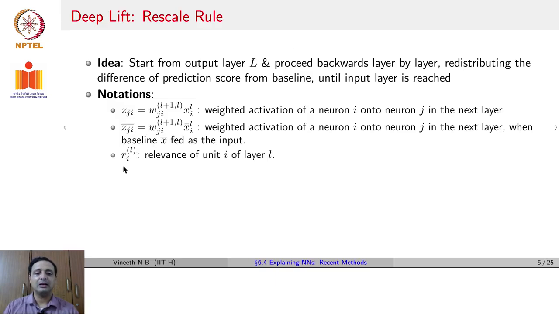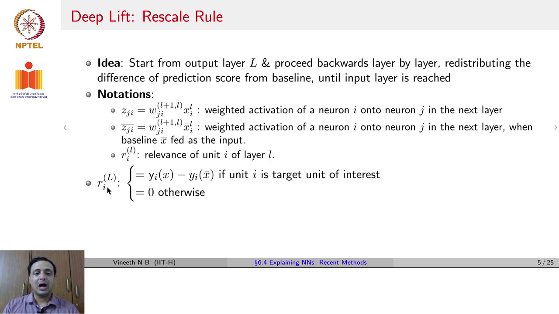Let's now consider that Ri is the relevance of unit I and superscript L denotes the layer L. So the Ri in the last layer, capital L being the total number of layers, would be given by yi of x minus yi of x dash, where x dash is the baseline reference input, and you're going to see what is the change in the output as you change the reference input.